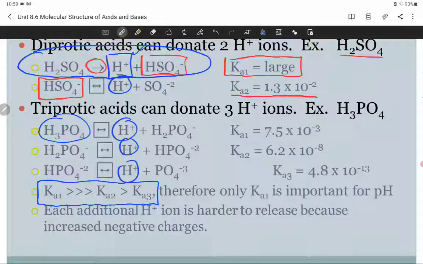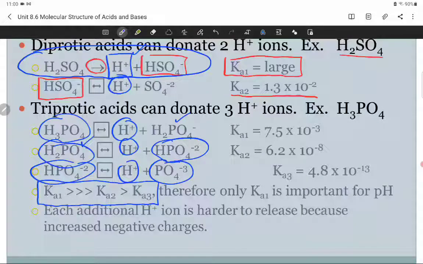You technically would add all three of those H positives up. How much H2PO4 minus? You make some, but then you use some. How much of the HPO4 minus 2? You make some and then use some. And then lastly, how much PO4 minus 3? This is going to be very small. Why? Because that K value is tremendously small.